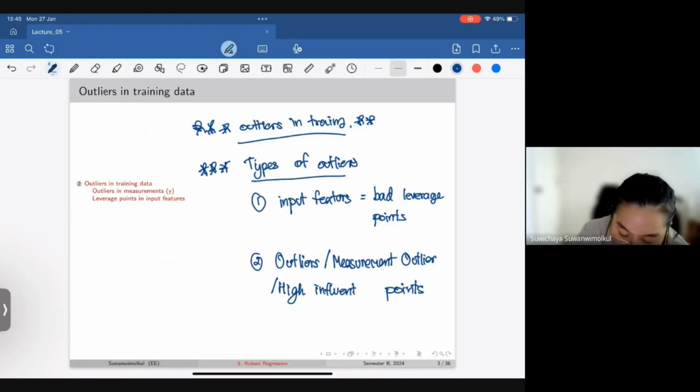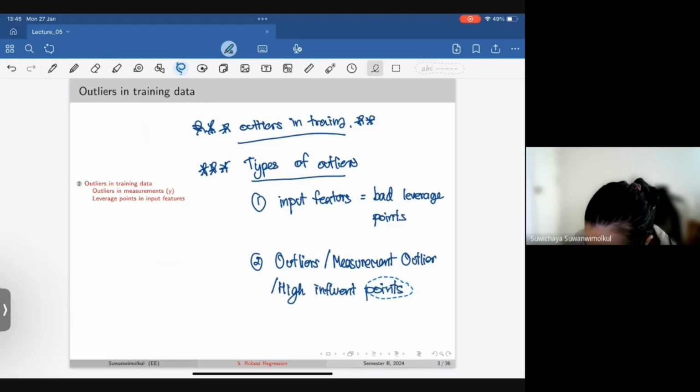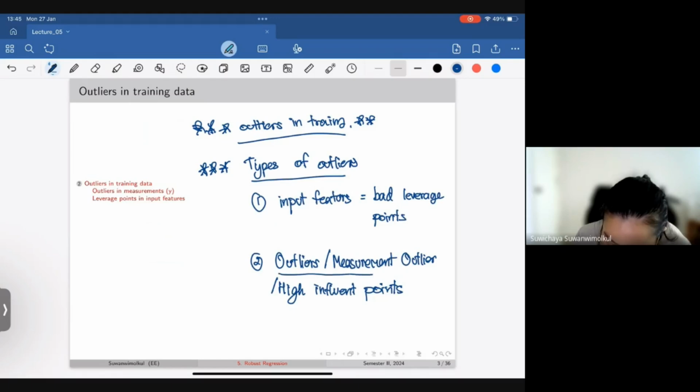Also, I'll put it this way. Maybe the simpler case is to consider the outliers in measurements, which is the second type. These outliers may be easy to understand if we think about the task we are considering, which is classification or regression.